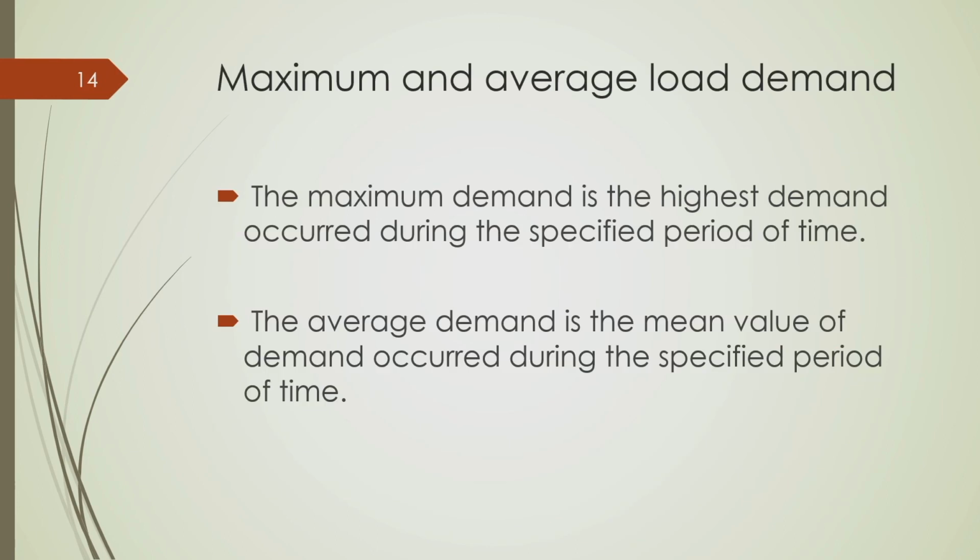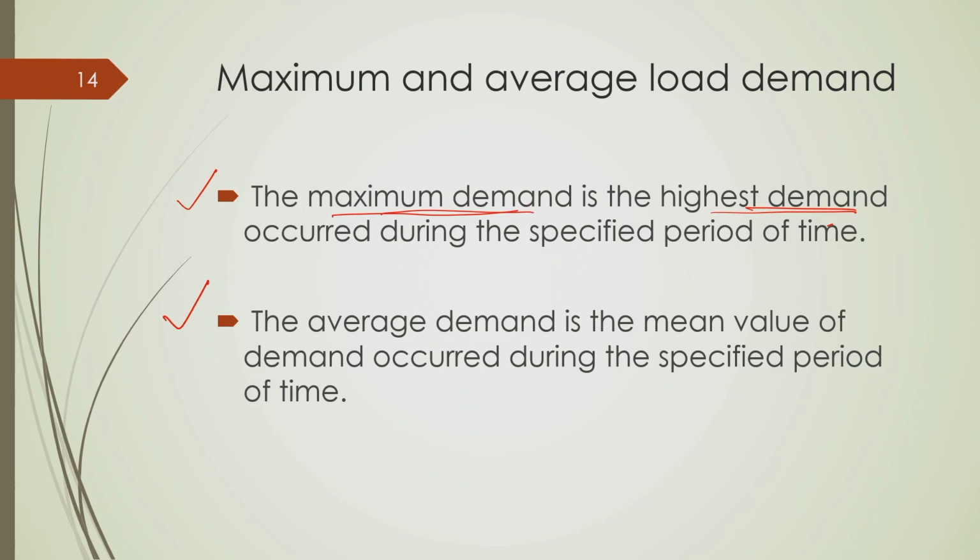Now, as I said, these two are important indicative parameters. One is maximum power demand, which is the highest peak out of whatever peaks exist in a load curve. It is called maximum demand, or sometimes simply peak demand.